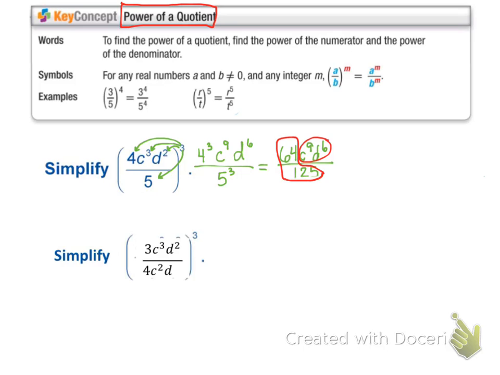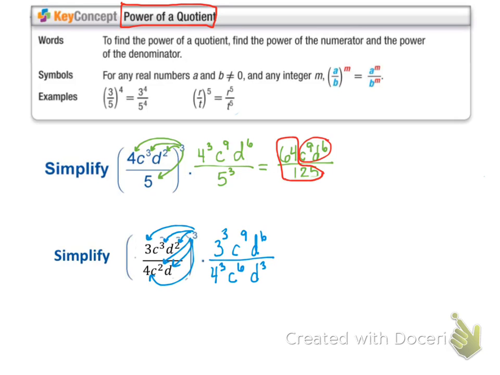Down here I've got 3c cubed d squared divided by 4c squared d, all raised to the 3rd power, so I'm going to distribute that 3 to everything. That's a lot of stuff there. Okay, so that gives me 3 cubed, c cubed cubed, so I'm multiplying, d squared cubed, that's d to the 6th, over 4 cubed, c squared cubed, that's multiplication, c to the 6th, and d cubed.